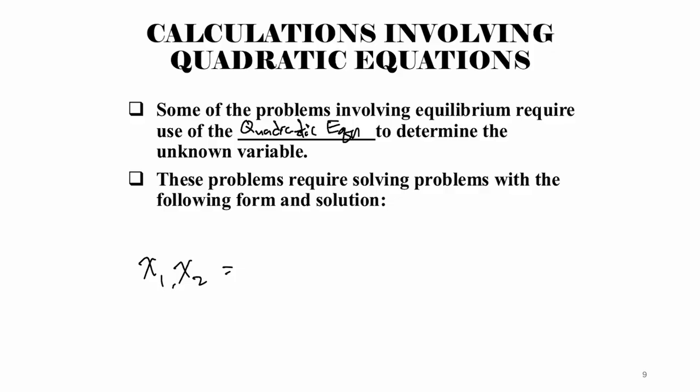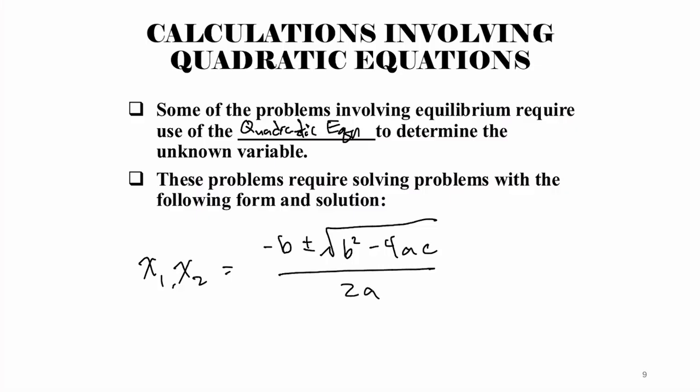I know you guys have probably seen this a million times since maybe early high school, but it's minus b plus or minus the square root of b squared minus 4ac, divided by 2a. All right, so this is what we call the quadratic equation. This really isn't a quadratic equation. This is the solutions, the general form of a solution to a quadratic equation.